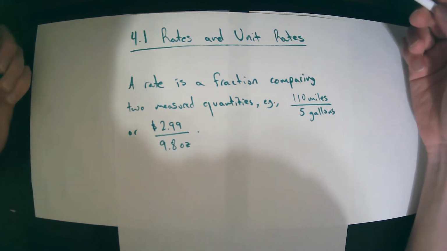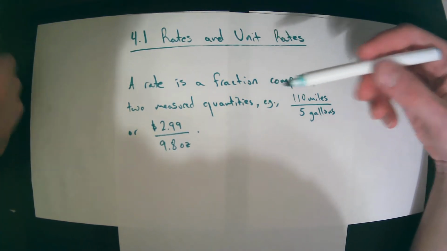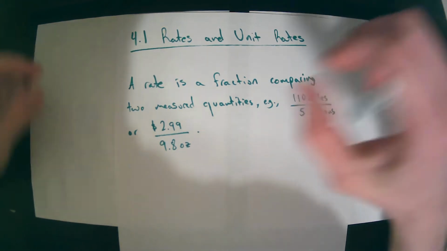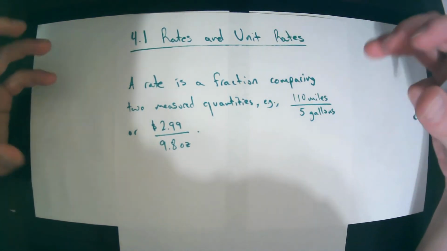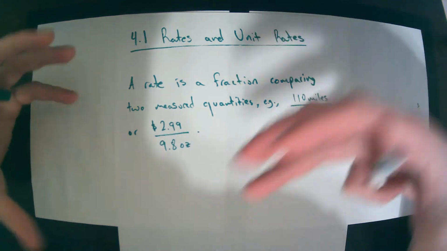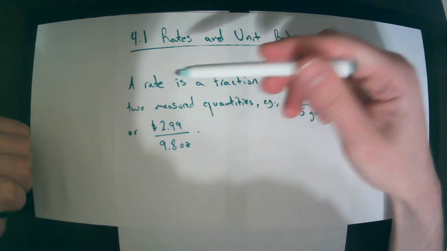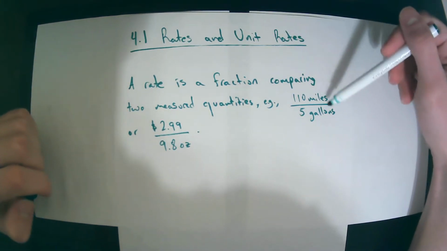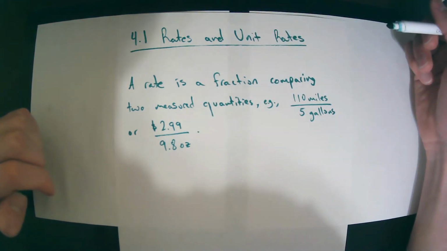So a ratio is a rate. It's just a special kind of rate where the things you're comparing are typically related. They're in the same category. Whereas a rate, in general, the units don't have to be related at all, right?